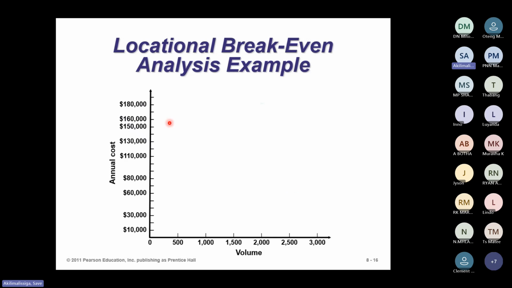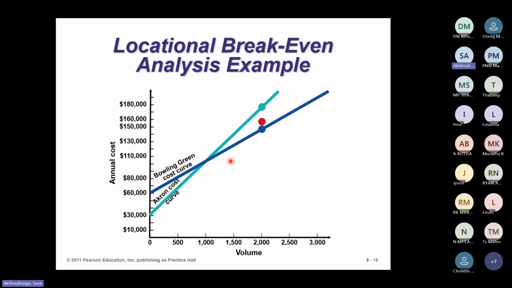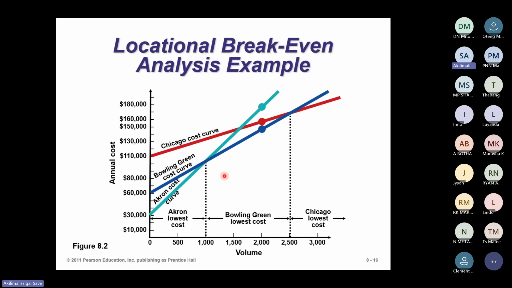From that example, I'm going to demonstrate how to come up with certain values here in order to plot this graph. So from this example, you have this graph. This graph is just coming from that previous table that I showed you with Akron, Bowling Green, and Chicago.